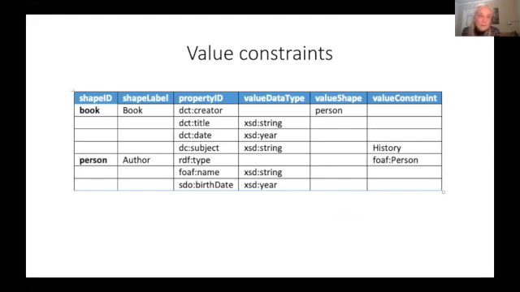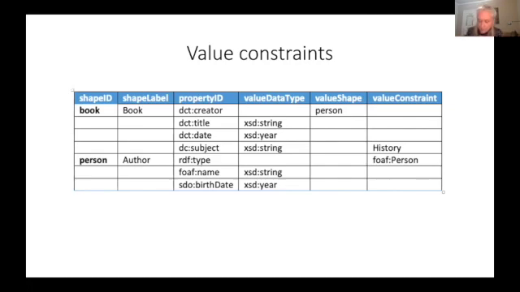And given that this may be used in RDF, if you want to give the class type for a shape, then you would give that as a value constraint. So you would say that the type, the author type, for all things that are authors, the type is, for example, the class FOAF Person.